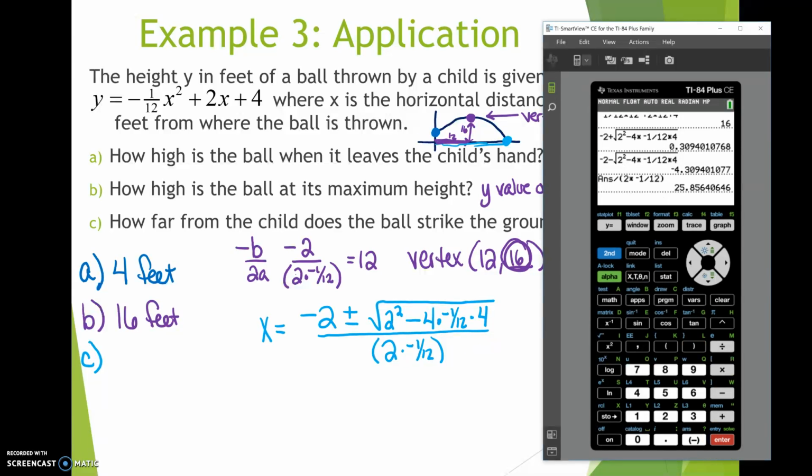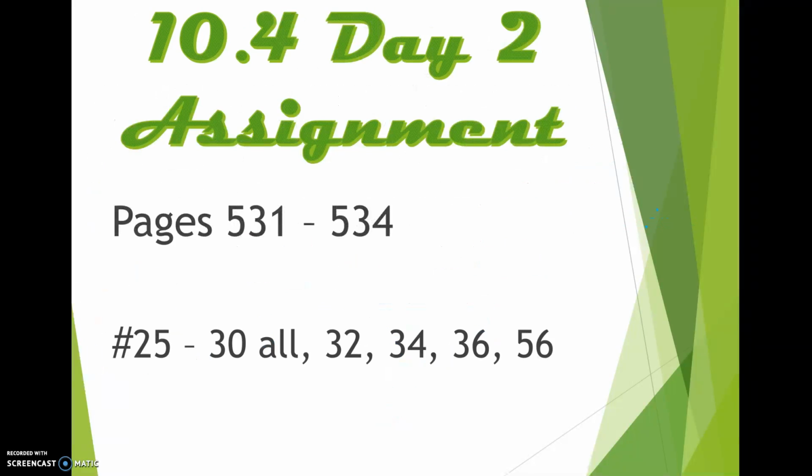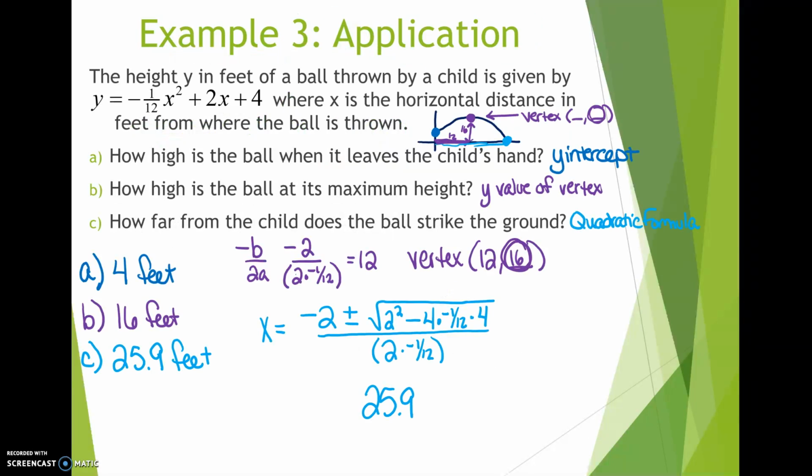What's that weird ans? That means answer. If you just hit divide, it keeps that answer in its memory and says the previous answer and then this other stuff. That's actually a really good question. 25.9 approximately. So the ball will be 25.9 feet away from the child.